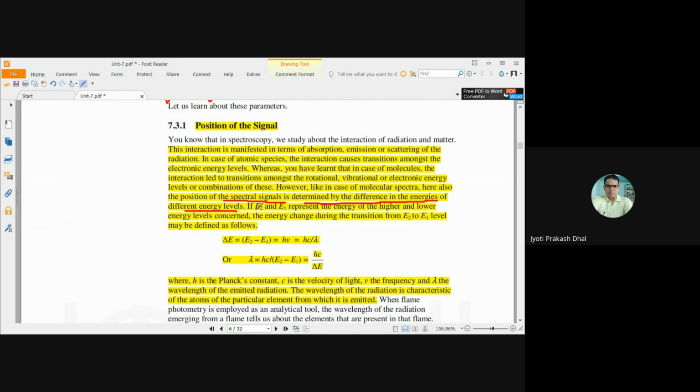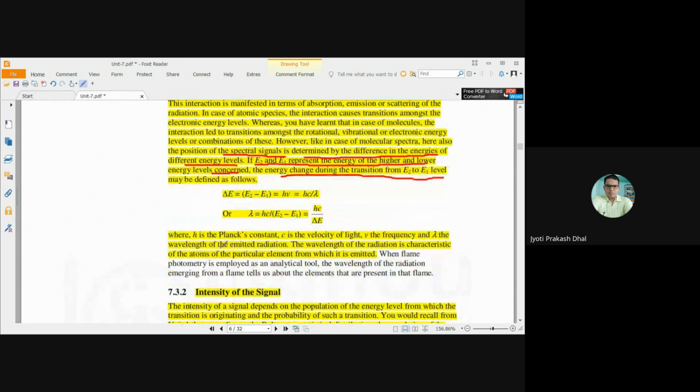For example, if E2 and E1 represent the energy of the higher and lower energy levels concerned, then the energy change during transition from E2 to E1 may be defined as like this. So here E2 and E1 represent the energy of the higher and lower energy levels of a particular atom.